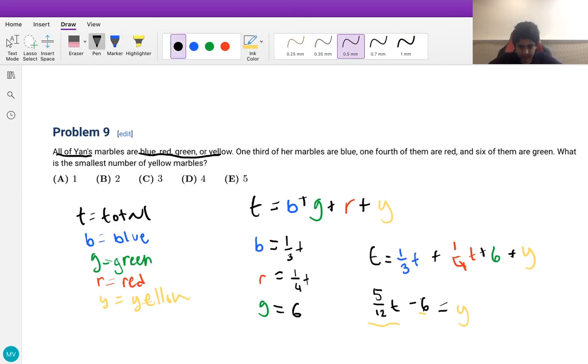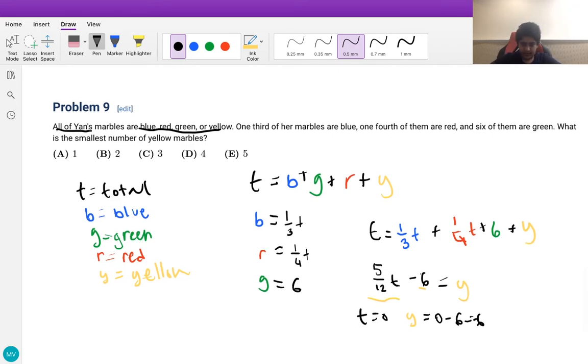Well, first of all, if T equals 0, then we have Y equals 5/12 times 0, which is 0, minus 6 equals negative 6. Negative 6 is not greater than 0. You cannot have negative marbles. So this one fails.